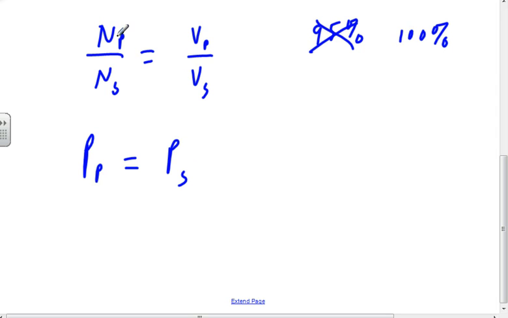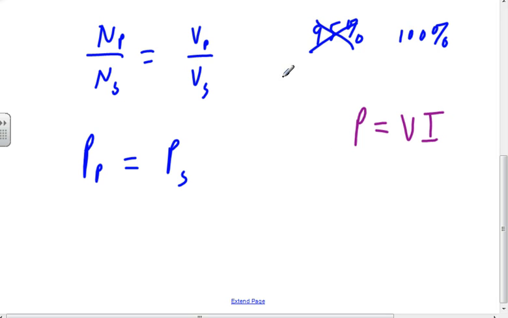V is still equal to IR, but that's beside the point. Power is voltage times current. The power is going to remain constant.